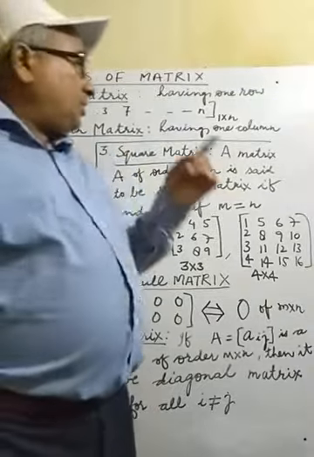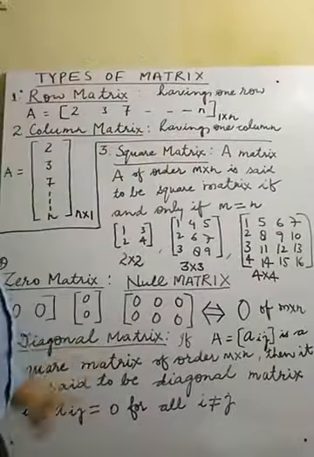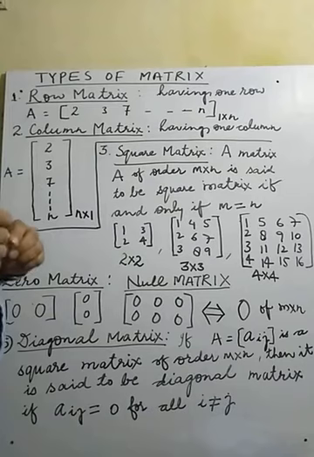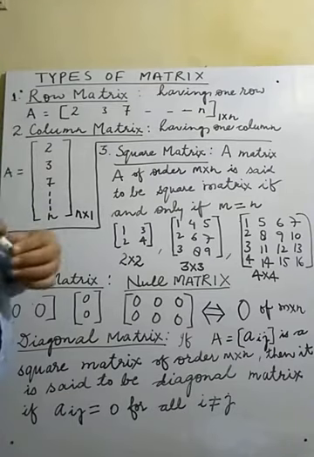Now you may observe here on this whiteboard the first matrix. The first type is row matrix. As the name suggests, only one row is given. In this matrix, different columns are there, but only one row is here.